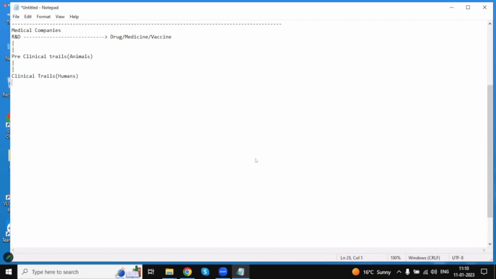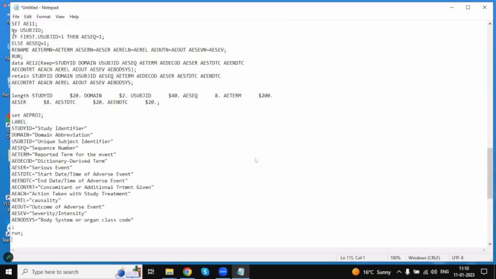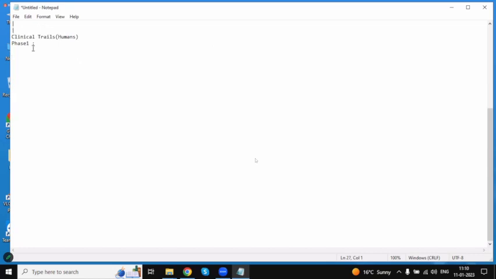The clinical trials conducted on humans will be in 4 phases: phase 1, phase 2, phase 3, phase 4. So in 4 phases, the clinical trial is going to happen. What will they do in phase 1?